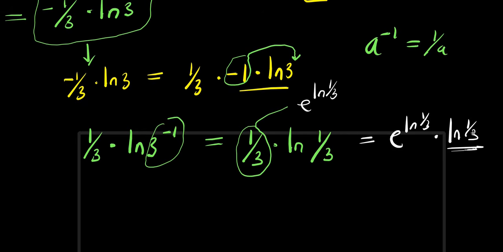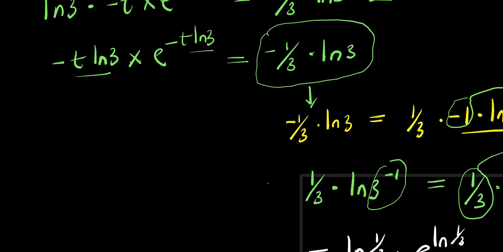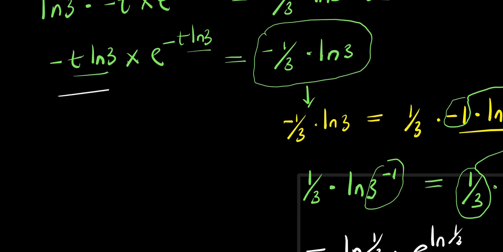So we can rearrange this. We can start with this before we write this, right? So this will definitely give us ln of 1 over 3 times e power ln of 1 over 3. All this is to make sure we can make use of the Lambert W function. So we can then copy this back to the equation. Remember, we concentrated on doing this.